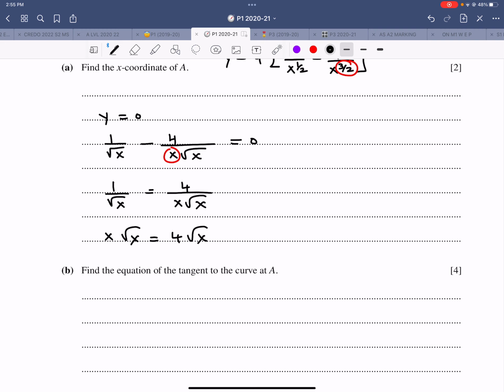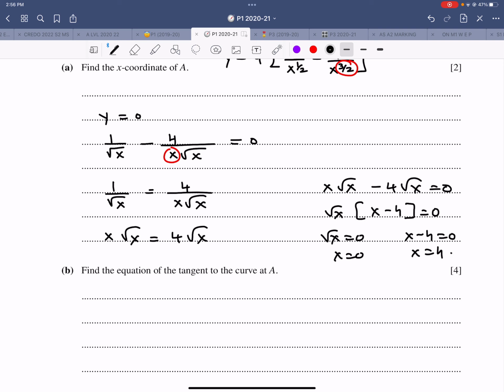So therefore, x root x minus 4 root x equals 0. Root x times x minus 4 equals 0. Root x equals 0, therefore x is 0. X minus 4 equals 0, therefore x is 4.